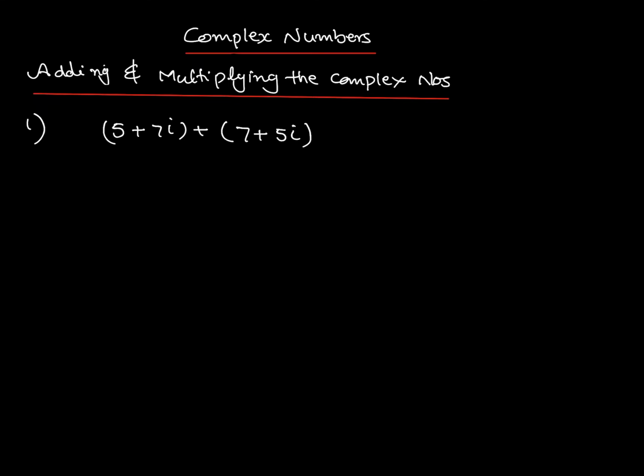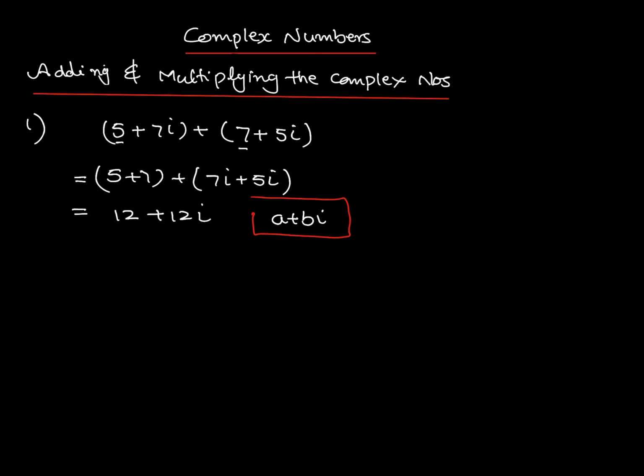We add the like terms: 5 plus 7 plus 7i plus 5i. This is equal to 12 plus 12i, and this is in the form of a plus bi, and this is the standard form of complex numbers.